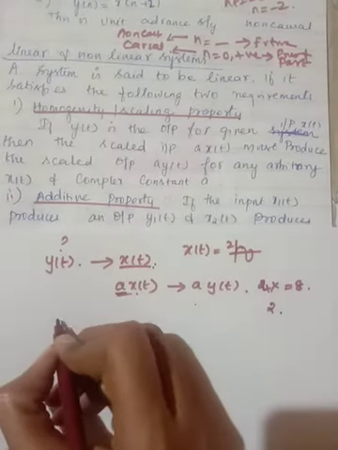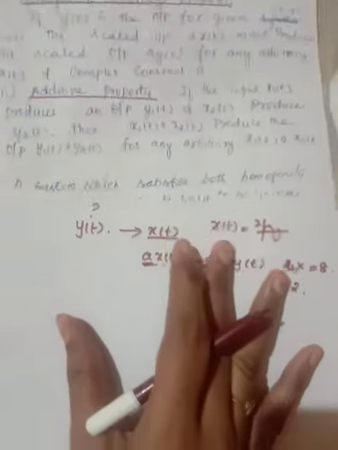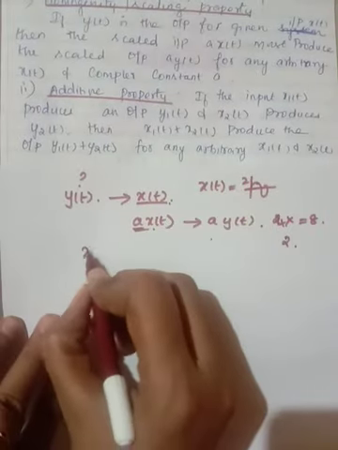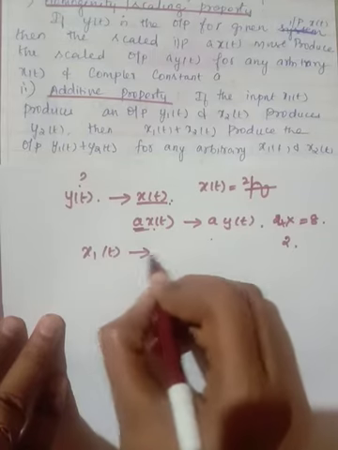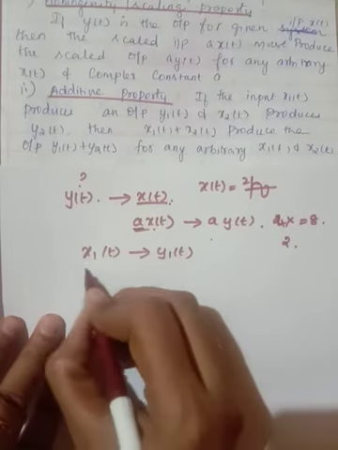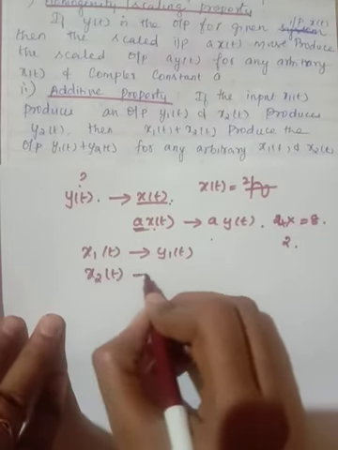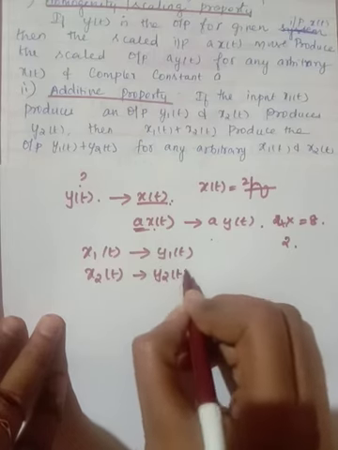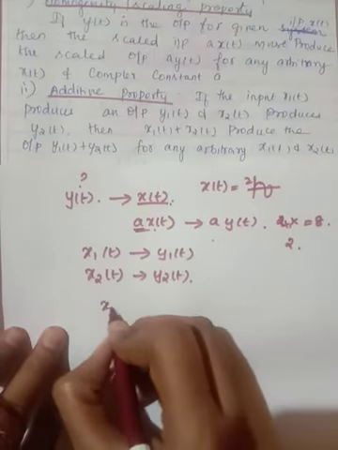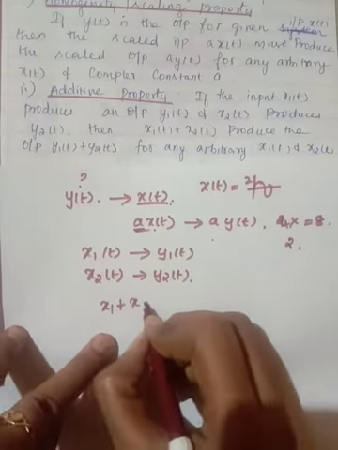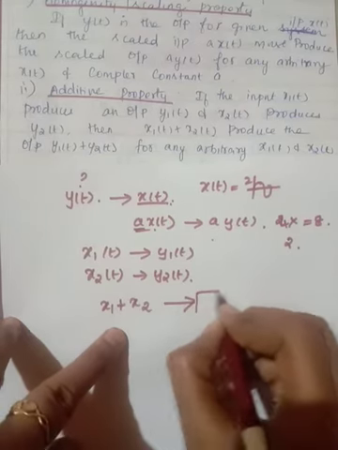So the next one is the additive property. What is the additive property? Consider two signals: x1 of t producing the signal y1 of t, and x2 of t producing the signal y2 of t. What I am going to do is add the two signals x1 and x2 and give them to a system.